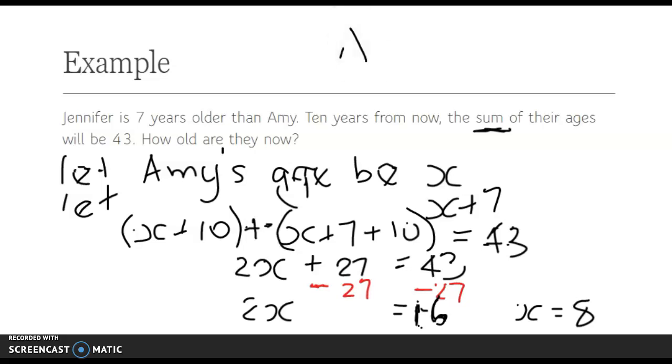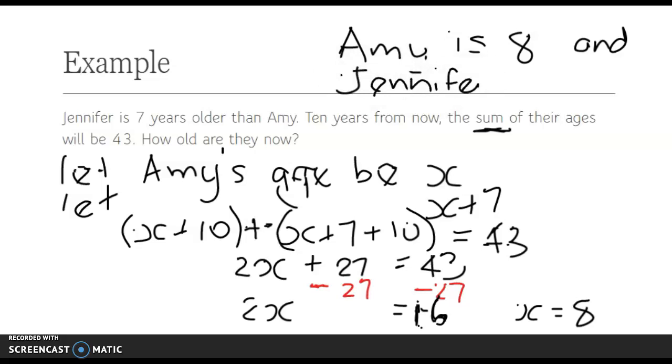Amy is 8. Sorry about my pen. And Jennifer is 7 years older than that, so she is 15. Don't forget to put in years old.